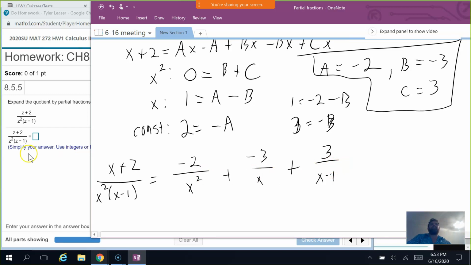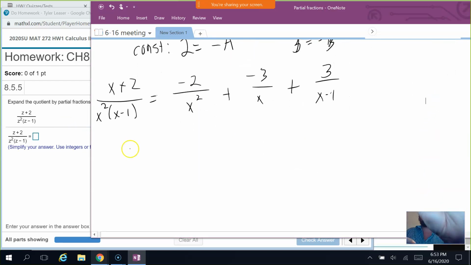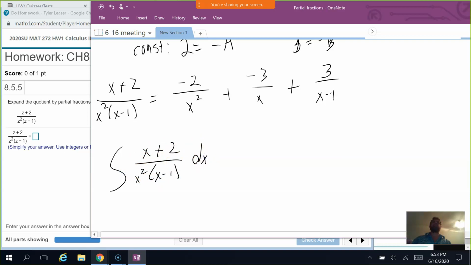This is the answer for this question, because it was only asking us to do the partial fraction decomposition. But let's just pretend that it was asking us to go a little bit further and find the integral of (x plus 2) over (x squared times (x minus 1)) dx.